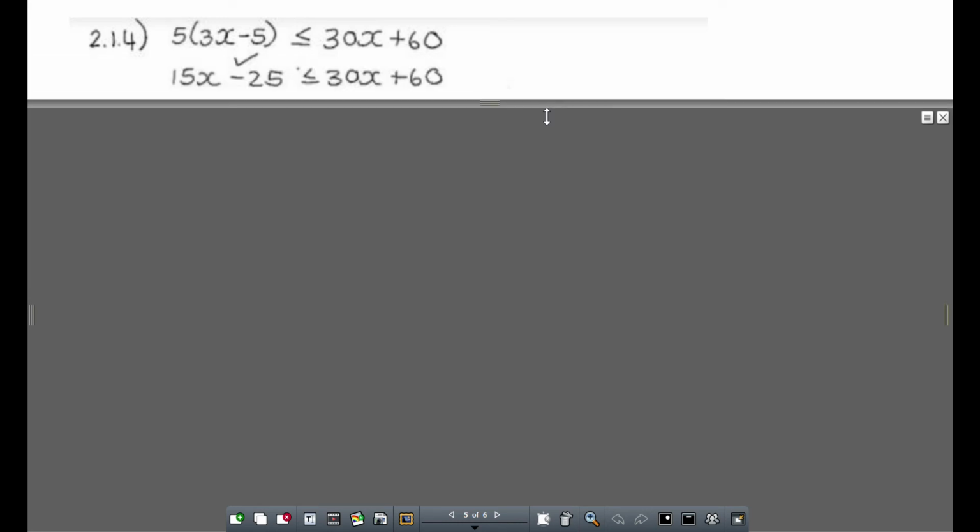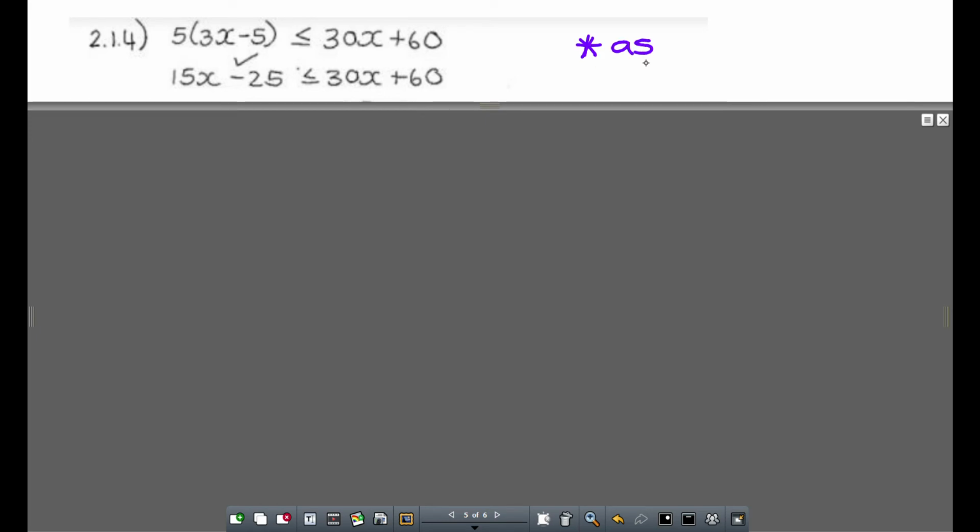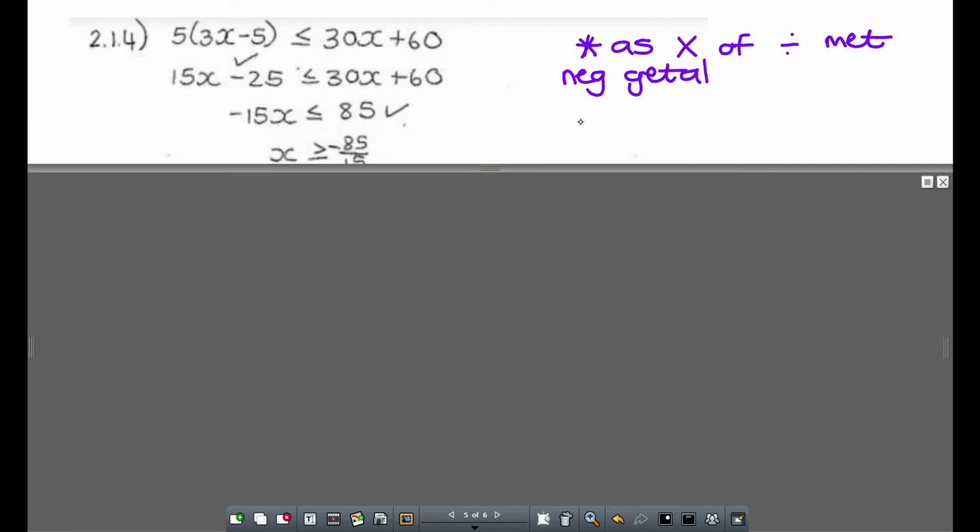As jy maal of deel met 'n negatiewe getal, with a negative number, then the sign will switch. Onthou julle nog dit? Nee. So as dit kleiner as was, dan raak hy groter as. Okay, so that's the main thing.